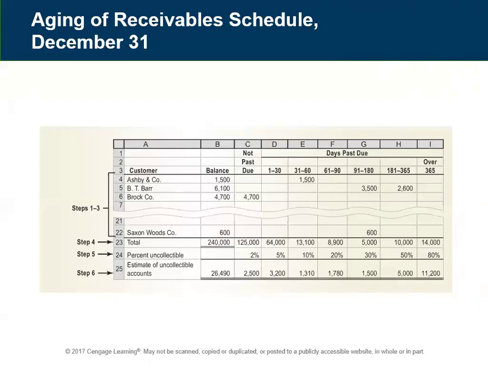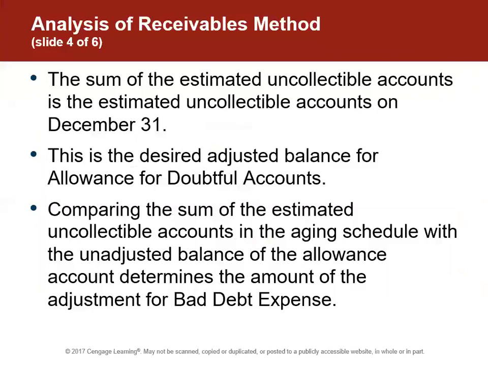So that's what gets a little tricky. When we do the allowance method, we have to consider what's already in allowance for doubtful accounts. Again, once we've done our estimated uncollectible accounts, that is the desired balance for allowance for doubtful accounts.